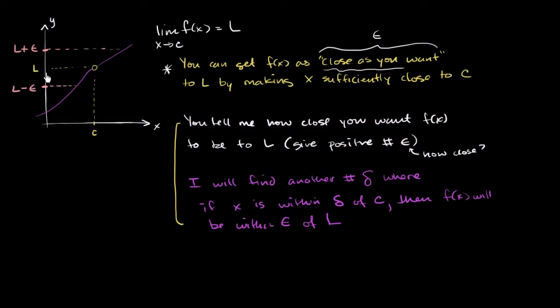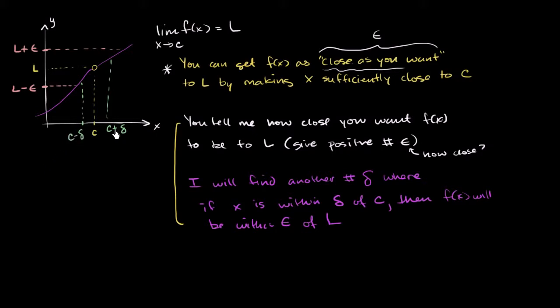I think I can get your f of x within this range of our limit. And I can do that by defining a range around c. I could visually look at this boundary, but I could even go narrower than that boundary. I can go right over here. I meet your challenge. I will find another number, delta. So this right over here is c plus delta, and this right over here is c minus delta.